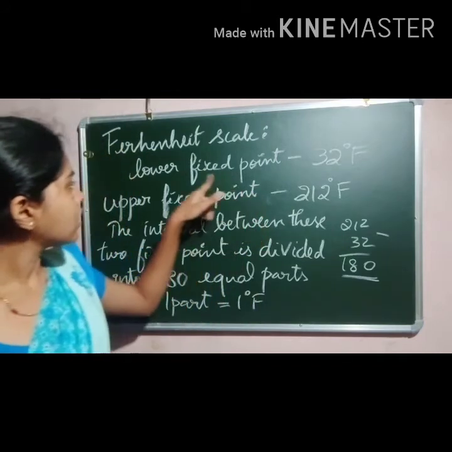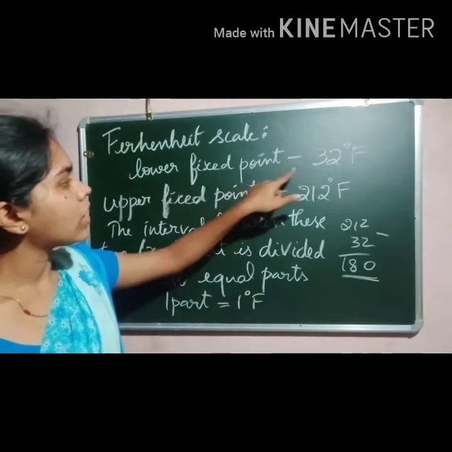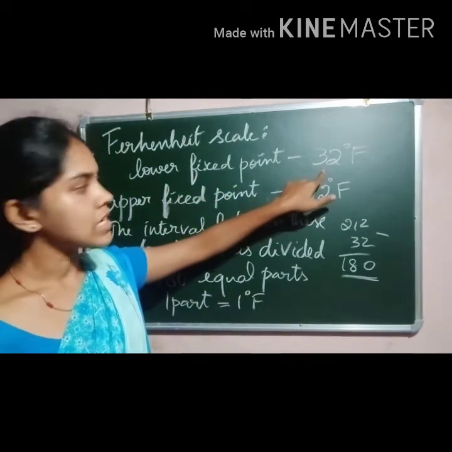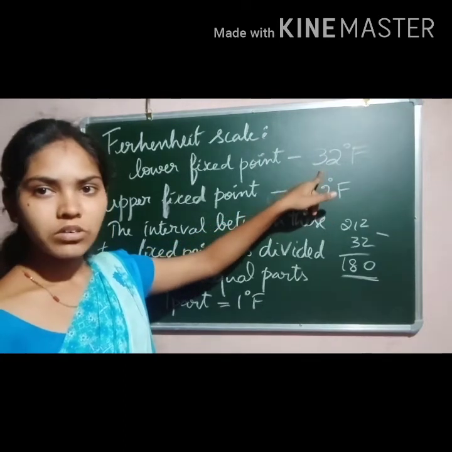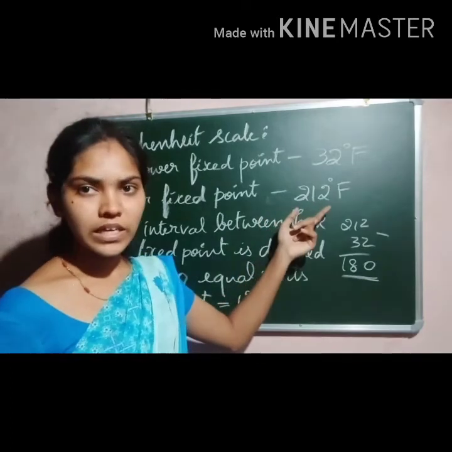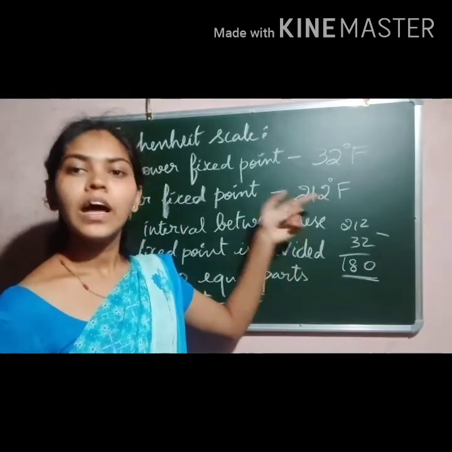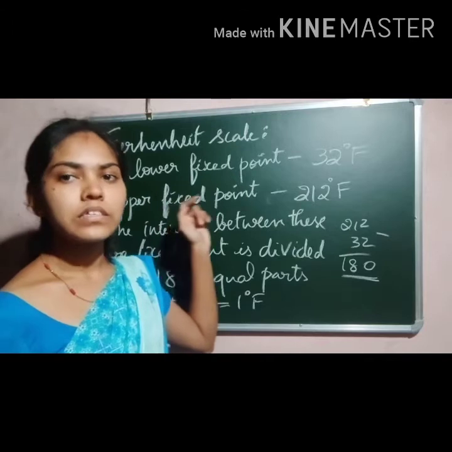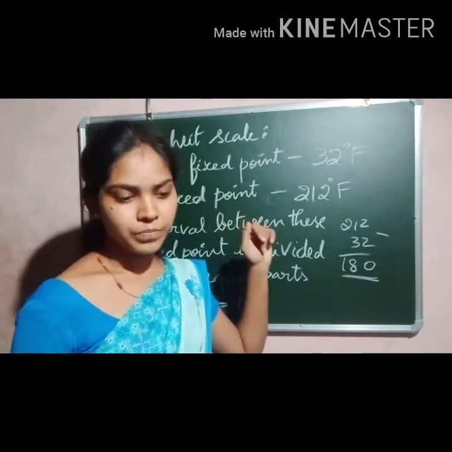We know here in the Celsius scale, the lower point is 0 degrees Celsius. Here it is 32 degrees Fahrenheit, and the upper fixed point is 212 degrees Fahrenheit here, and in the Celsius scale it is 100 degrees Celsius.